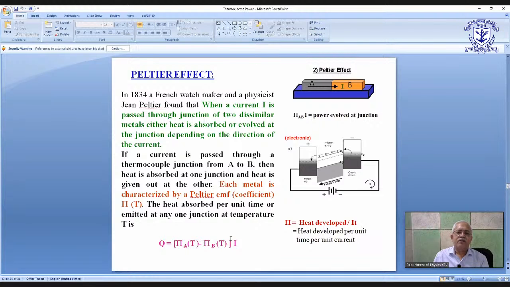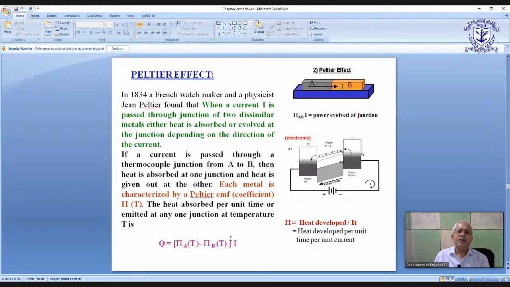Now this is very, very interesting because normally what you observe is, if you take a wire, copper or any other metal wire, and pass a current through, the wire gets hot. This is the natural outcome of an experiment of that kind.